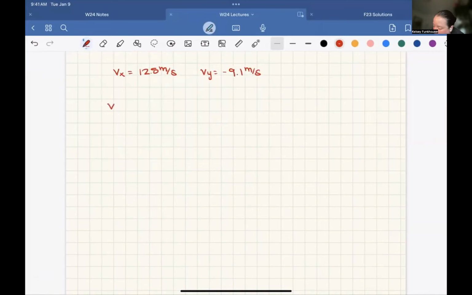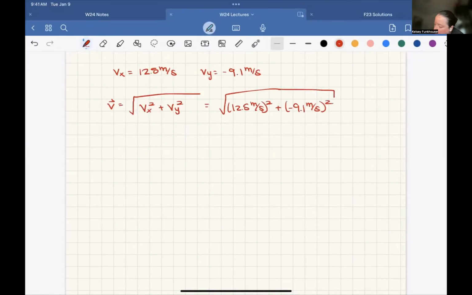And our total velocity is just the square root of those added together. Equals the square root of 12.5 meters per second squared plus negative 9.1 meters per second squared. And that is 15.5 meters per second.